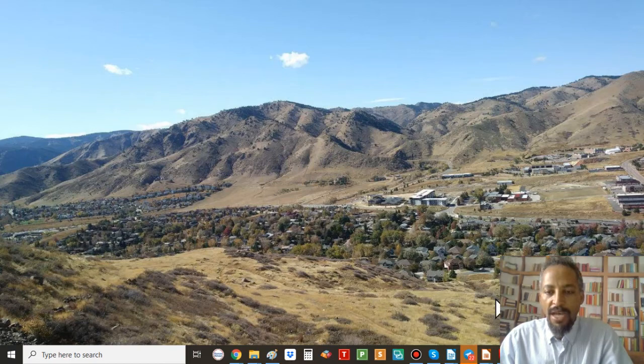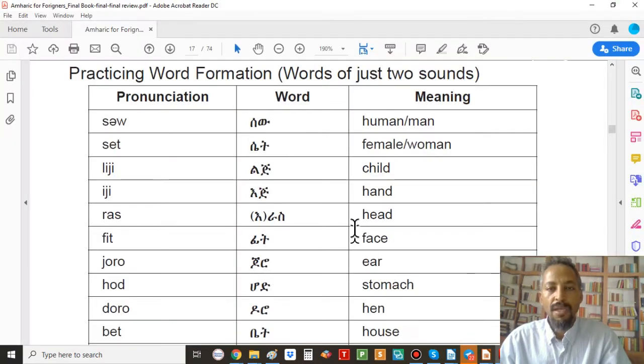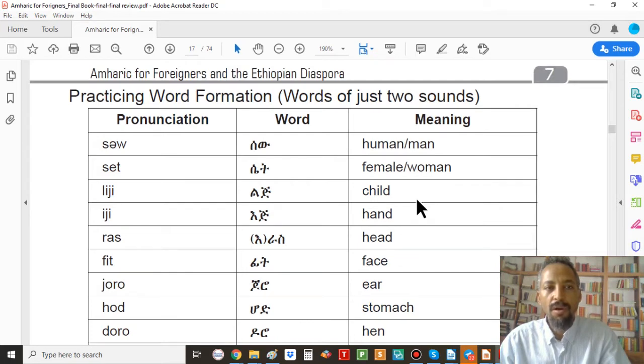Having said that, let me take you directly to the list of words I prepared. It is from my book, which is available on Amazon.com. You can search by title: Amharic for Foreigners and the Ethiopian Diaspora, from beginner to intermediate.